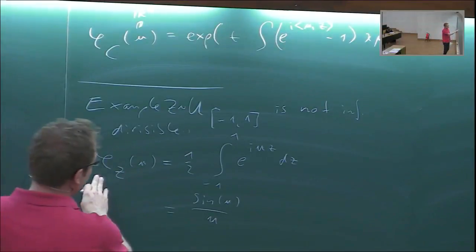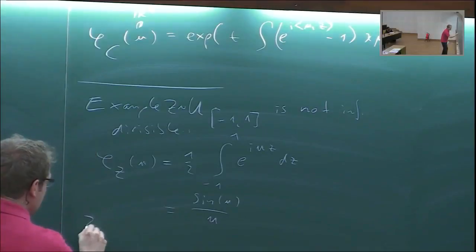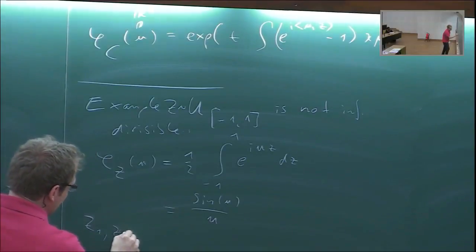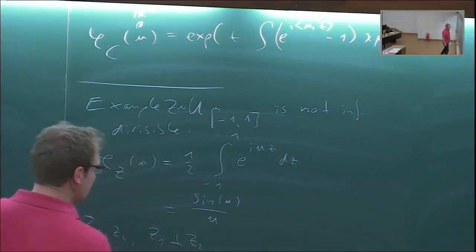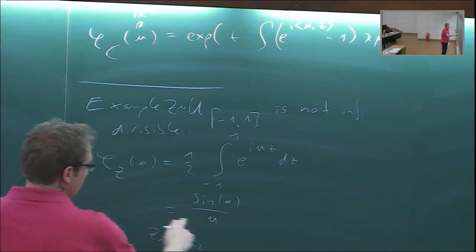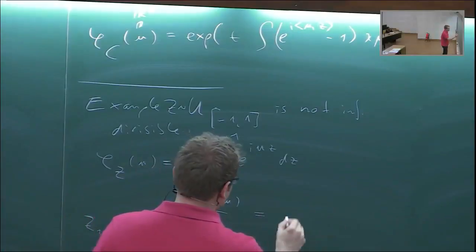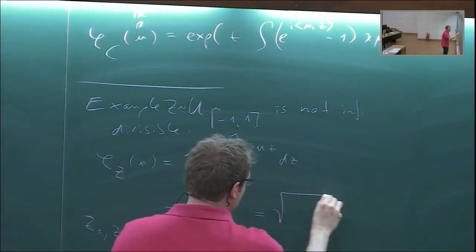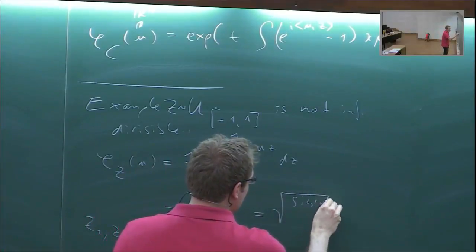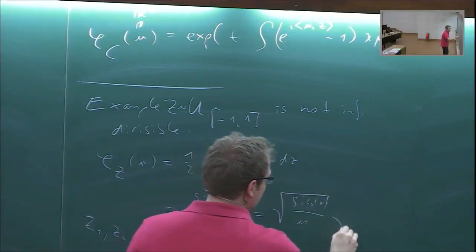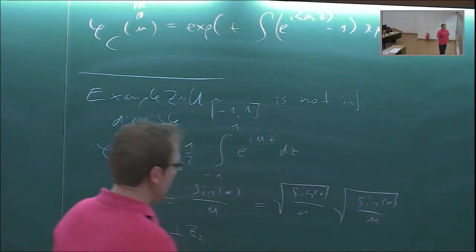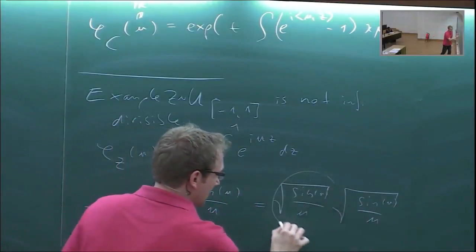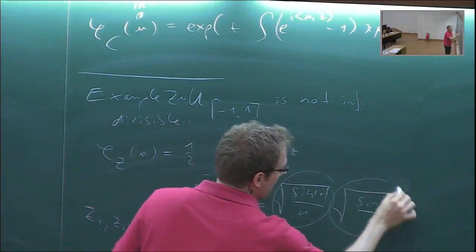This means if there are two, zeta 1 and zeta 2, which are independent, zeta 1 independent from zeta 2, then they should satisfy that the square root of sin(u) over u, that we have two of those factors.